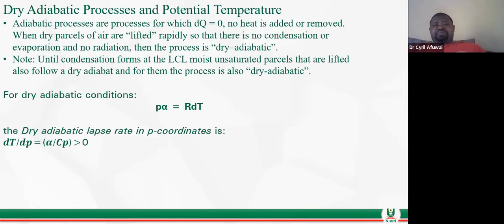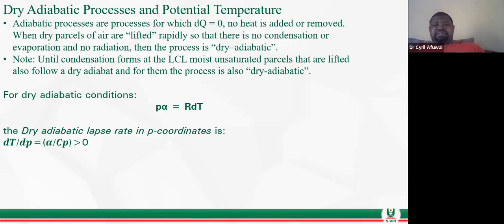Now, the dry adiabatic processes and potential temperature. Adiabatic processes are processes for which Q equals 0. No heat is added or removed from the system. When dry parcels of air are lifted rapidly so that there is no condensation or evaporation and no radiation, the process is called dry adiabatic.